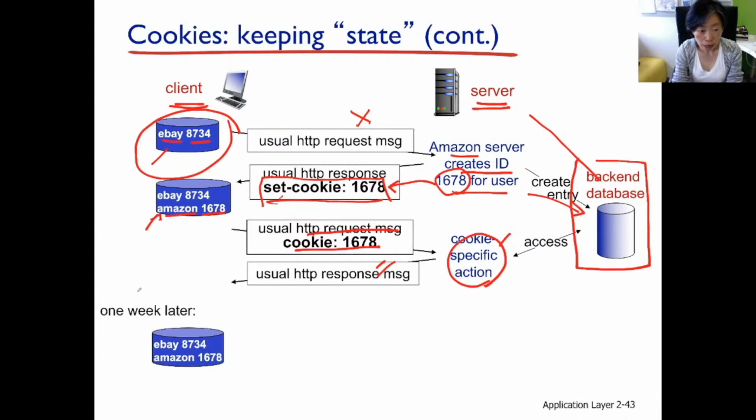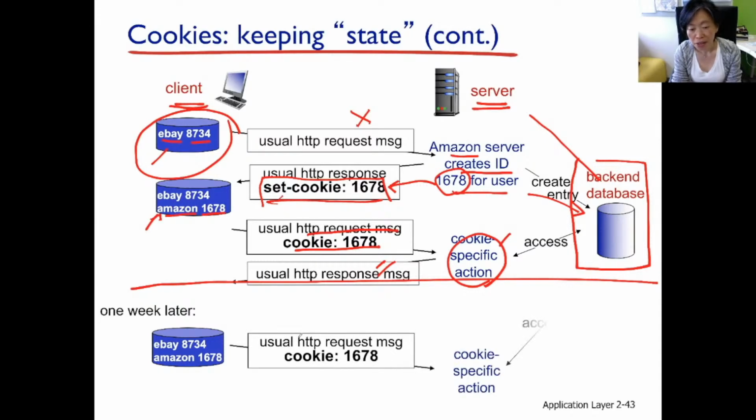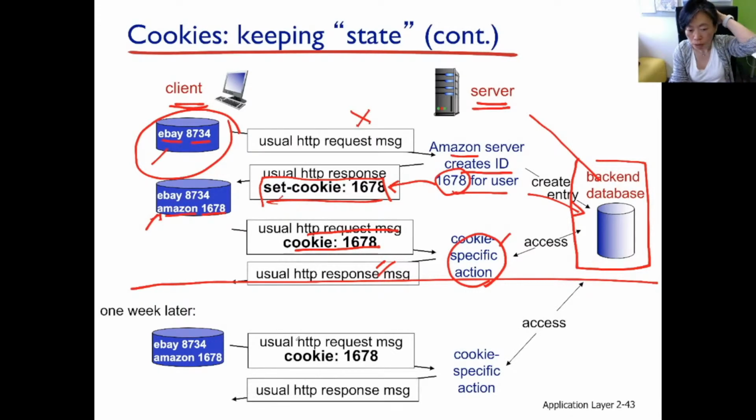What's amazing is that one week later, when you come back and try to purchase something from Amazon again, the first request message you'll be sending will already be carrying the cookie entry. Once you have it set up locally in your cookie file, all the subsequent HTTP requests by default carry the cookies.